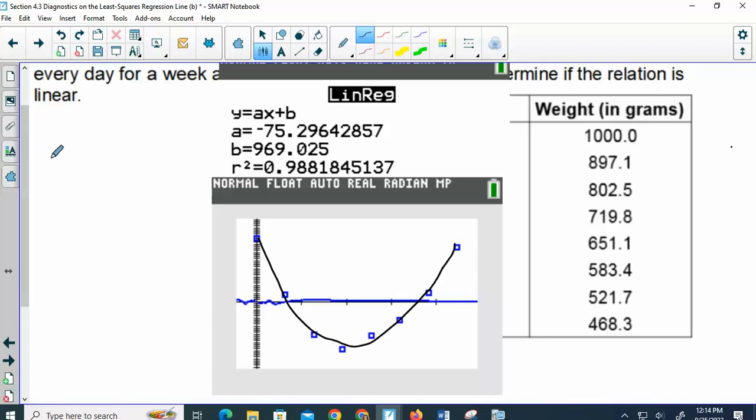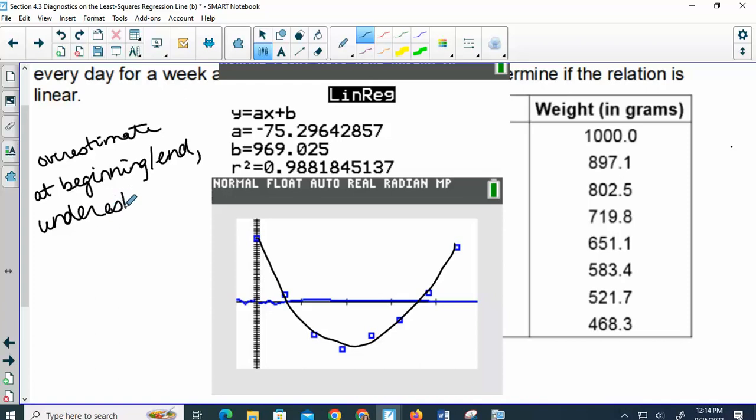So we have an overestimate at the beginning and end, and an underestimate in the middle. So we have a clear pattern here in these residuals.